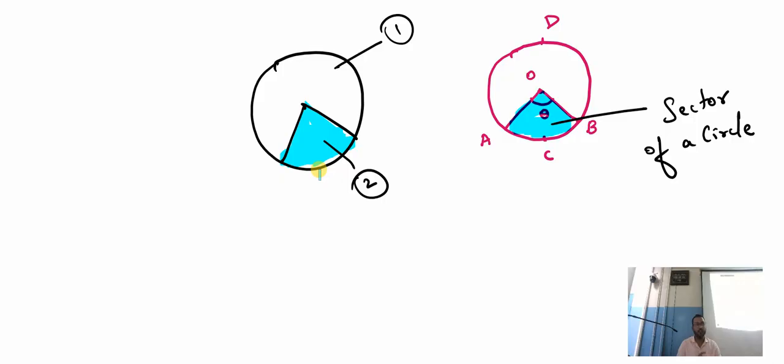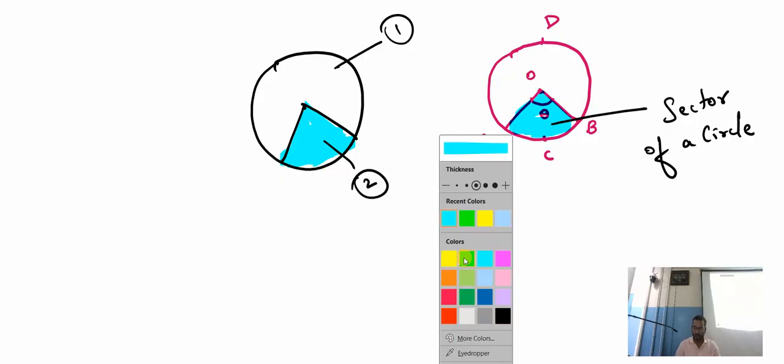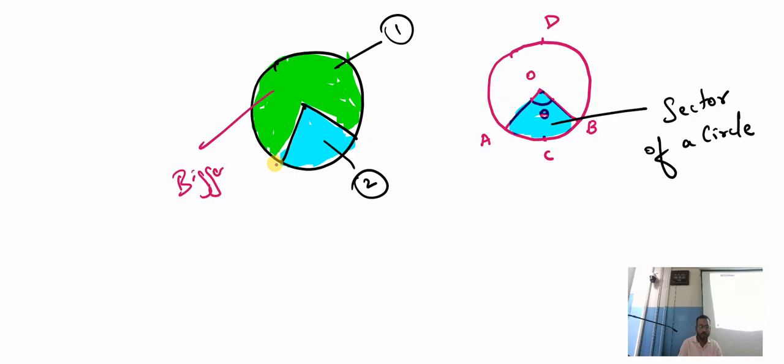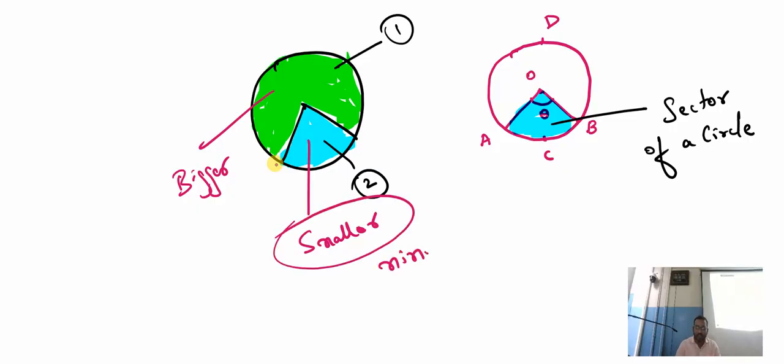This is the region. This is my second region. And this is another region. Can you see this area? This is my bigger area. Am I right? And this is my smaller area. So this smaller area is called minor. This bigger area is called major.